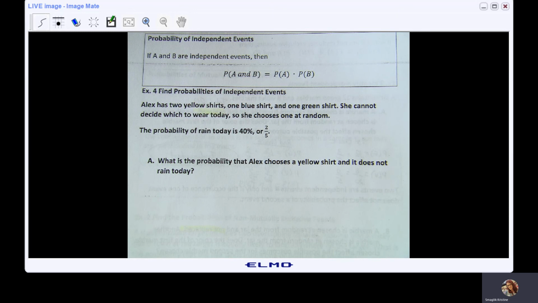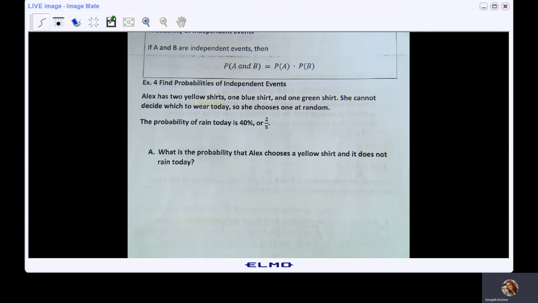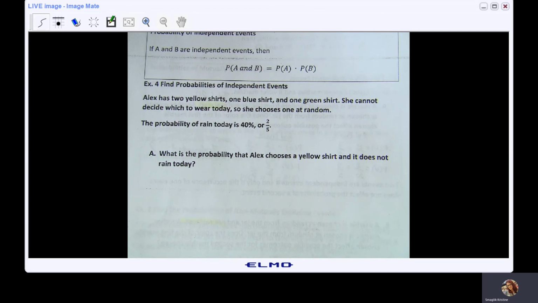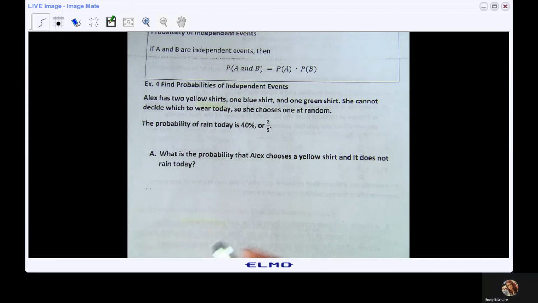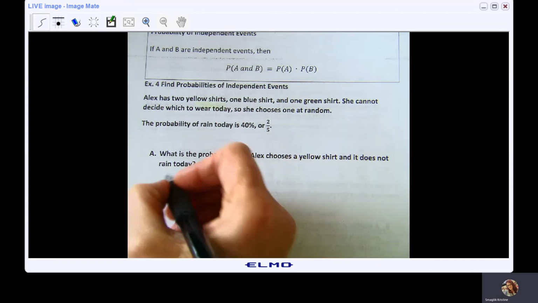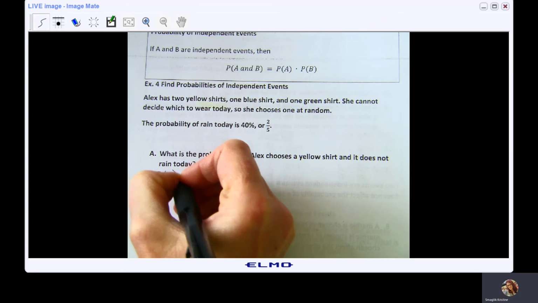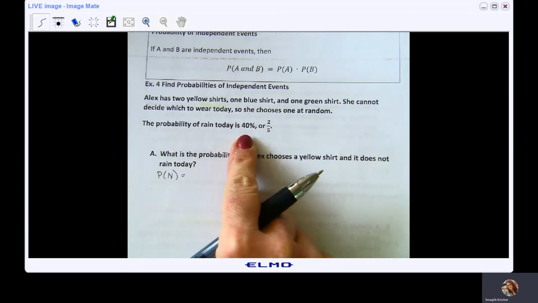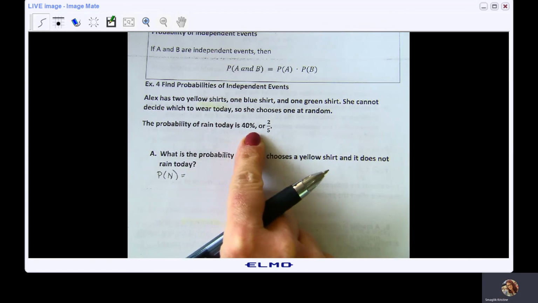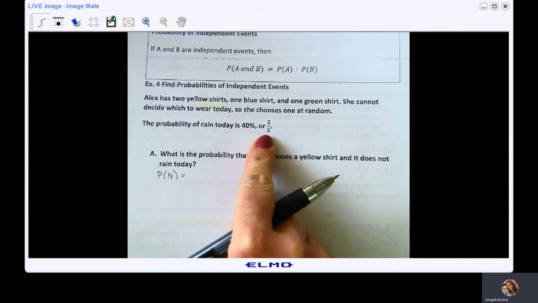Got a few things we have to look at here. So probability that Alex chooses a yellow shirt and it does not rain today. Okay, so let's call not rain, probability not rain. The probability it will rain is 40%, 2/5.